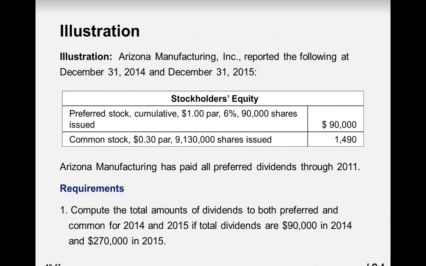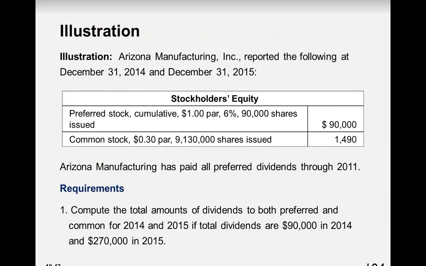They have paid all of their preferred dividends through 2011. So compute the total amounts of dividends to both preferred and common for 2014 and 2015 if the total dividends are $90,000 in 2014 and $270,000 in 2015.